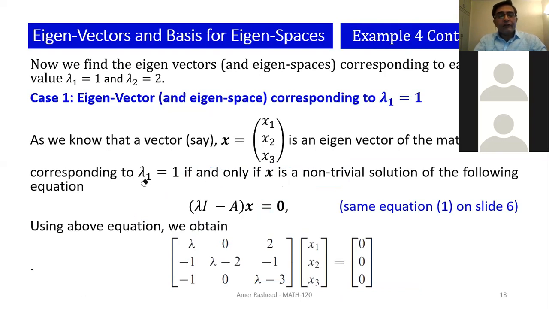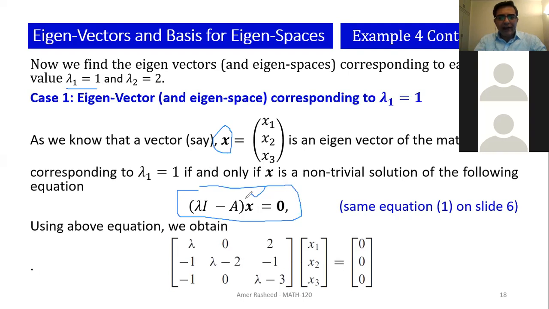Now, in order to find the corresponding eigenvector for lambda 1 is equal to 1, we write this equation, and we assume that x is the corresponding eigenvector to lambda 1 is equal to 1.